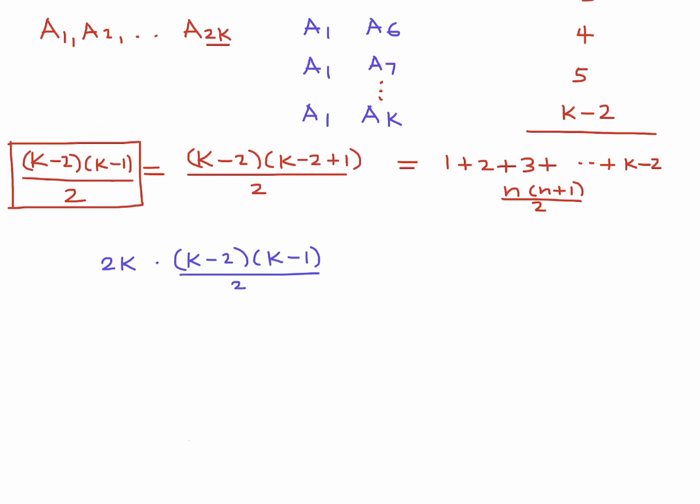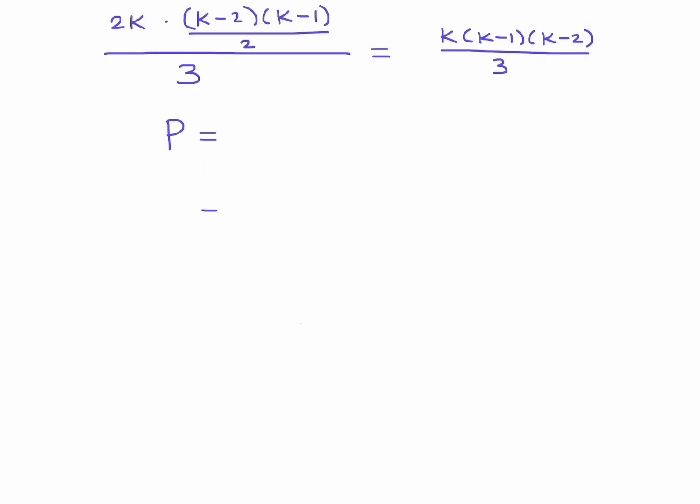all over 2. And remember, this overcounts because in the previous part we had a number that we had to divide by 3 because each triangle was counted 3 times. So we have to do the same here. We have to divide this by 3. And let's simplify this a little bit. This basically becomes K times K minus 1 times K minus 2 all over 3.